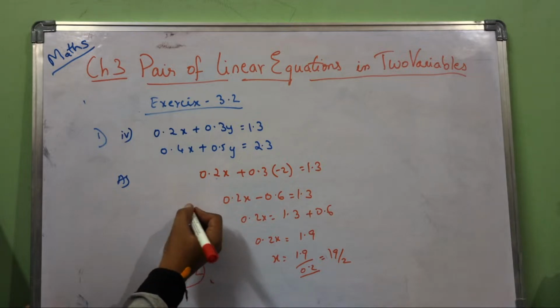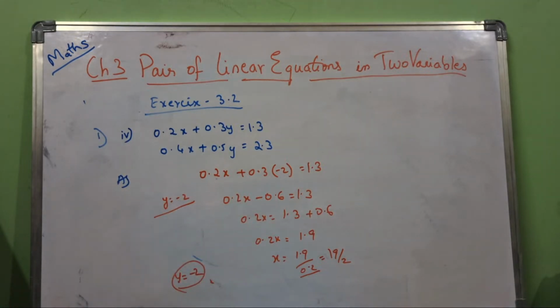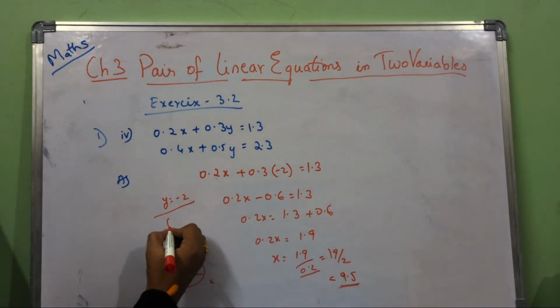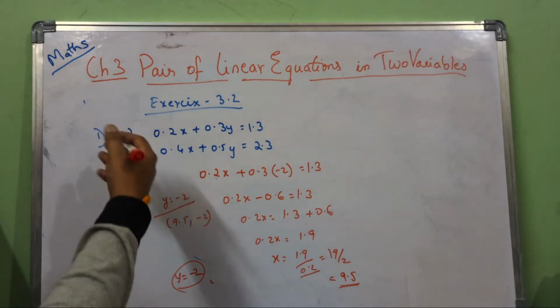The y value we got is minus 2. After solving this type of question, if you have a doubt whether our answer is correct or not, 19 by 2 is 9.5, so x is 9.5 and y is minus 2. Just substitute these two values in any of the equations.